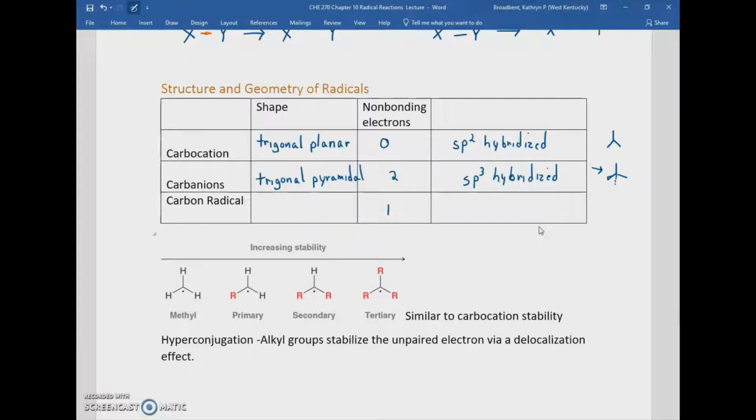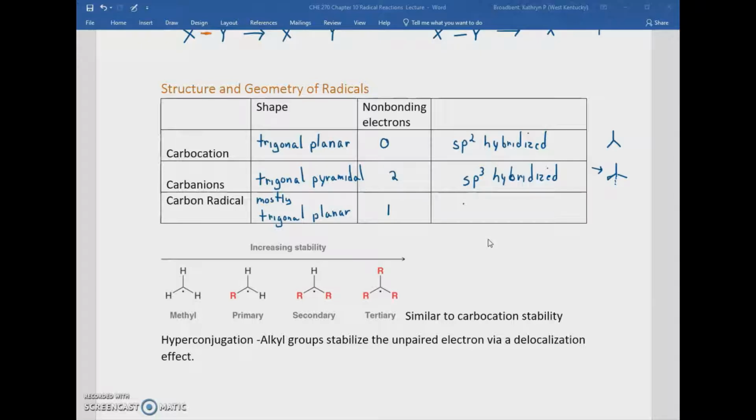It has 1 non-bonding electron. This is going to be important because once we make a radical, it can be attacked from either the top or the bottom evenly most of the time, and so we need to know the structures that'll be formed from those attacks.